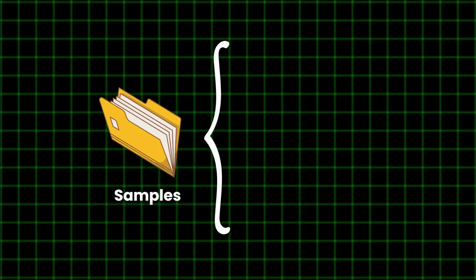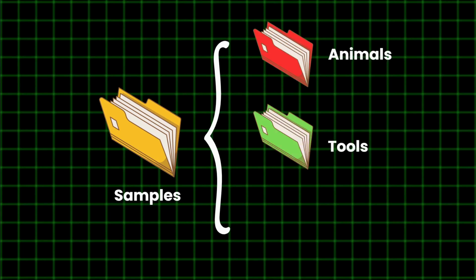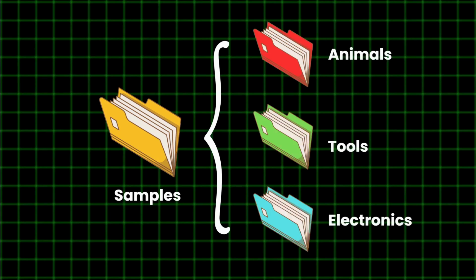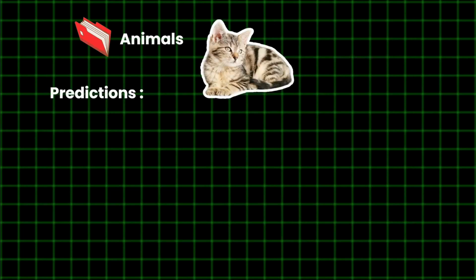So to conclude, I have one folder called samples, and inside of it I put three other folders: animals, tools, electronics, and in each folder there are four pictures.